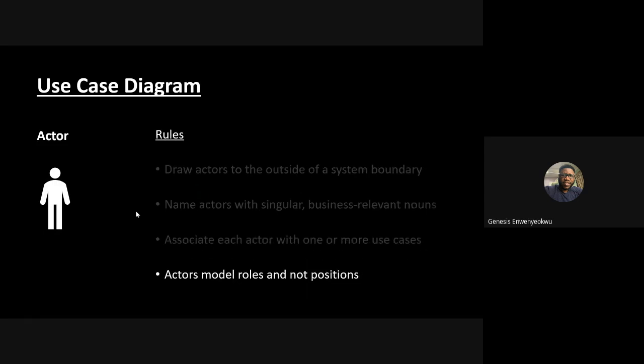Also, you need to be aware that your actors basically model roles and not positions. That means they represent roles. What I mean by this is that, assuming in our EMC we have three positions: EMC1, EMC2, EMC3.